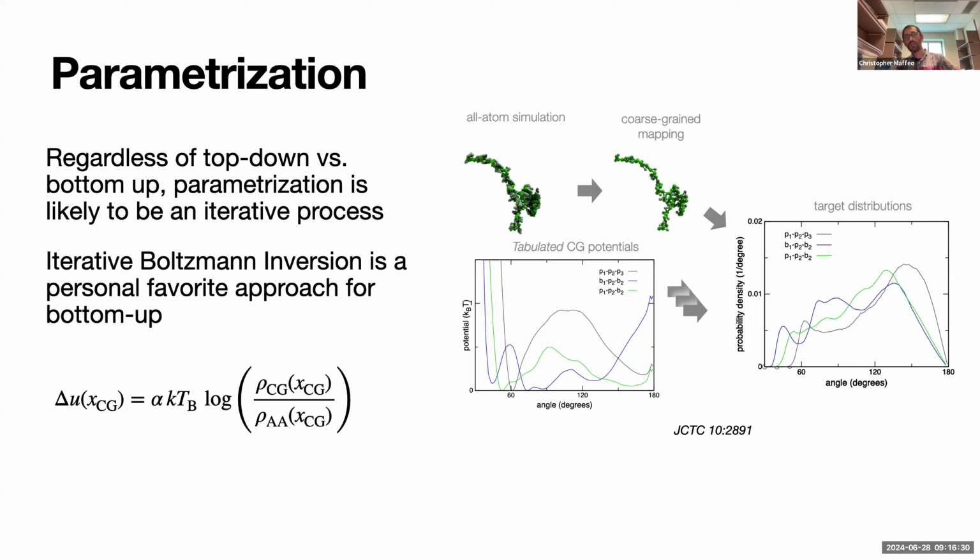And if it's too low in a place, then you need to decrease the energy in that region. Eventually, after repeating this process, usually around, in my experience, 25 iterations, your data should converge. It's not a guarantee, but it should. Your potential should converge to give you the distributions that you're after.